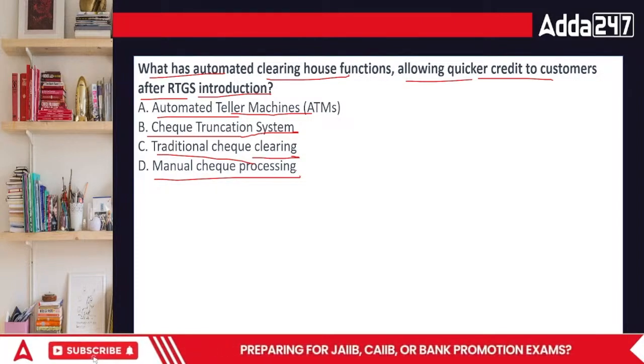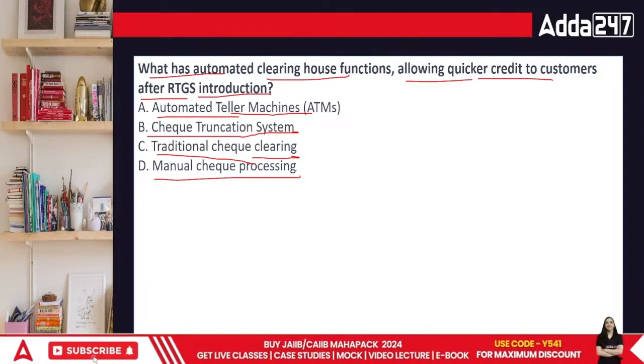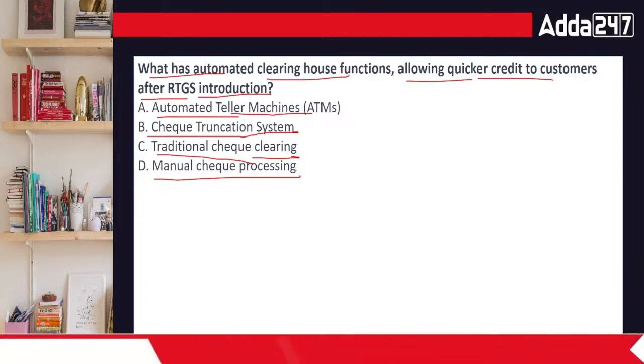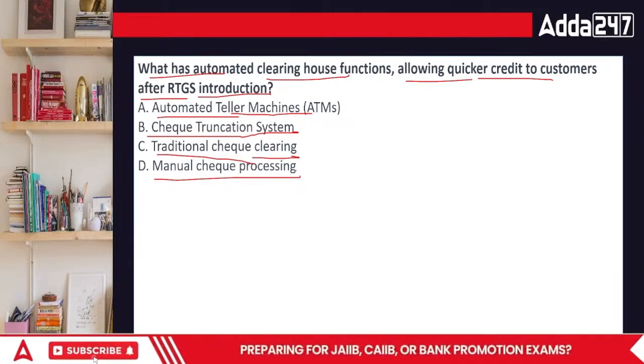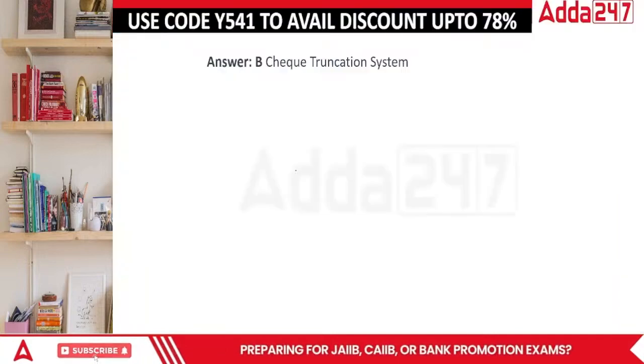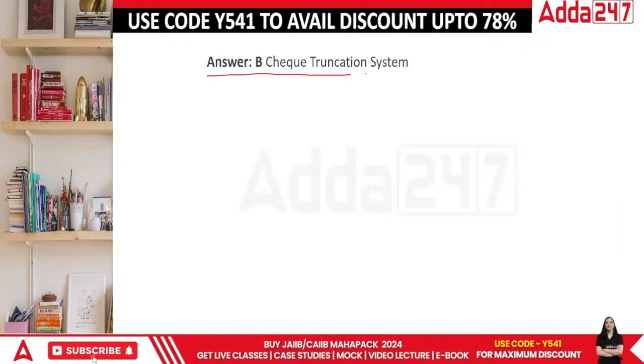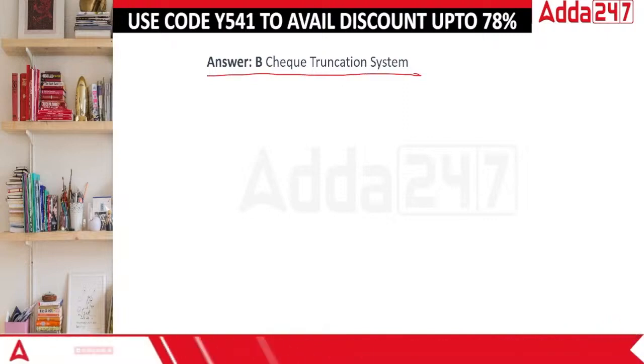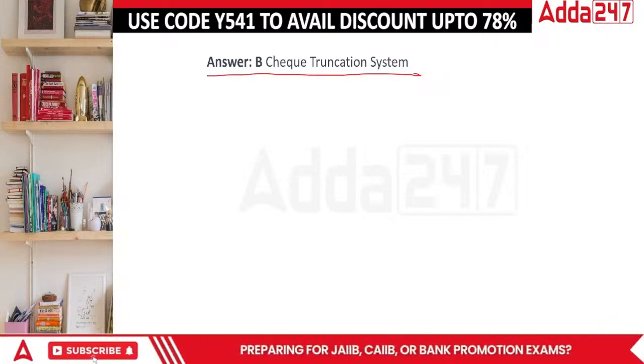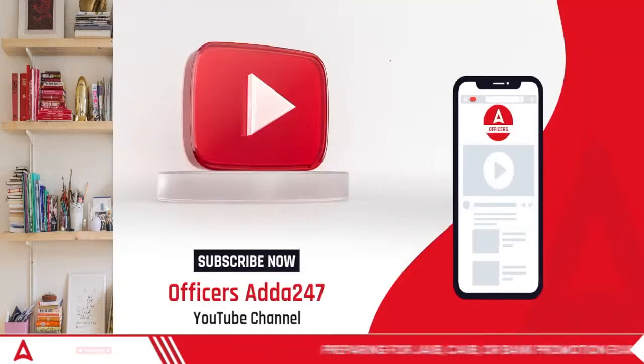You're talking about automated clearing houses allowing quicker credit to the customer after RTGS. To have RTGS, the best thing is the cheque truncation system. You can do the RTGS at any point of time without any problem. It has taken the place of all the cheques, and people have started following this a lot.